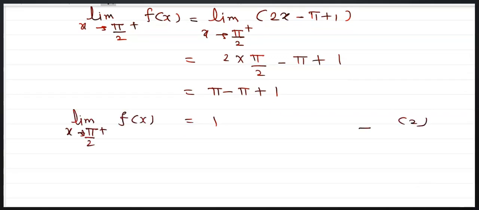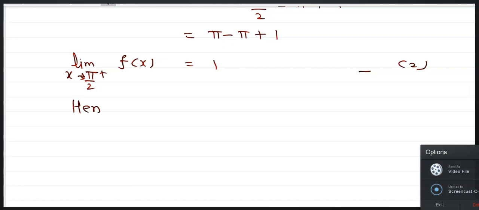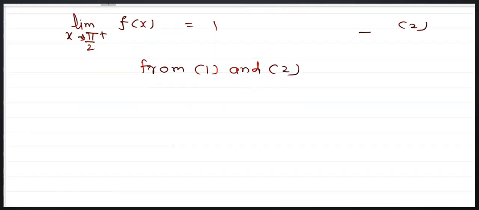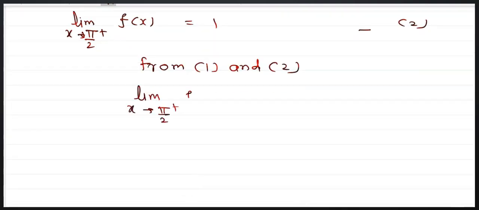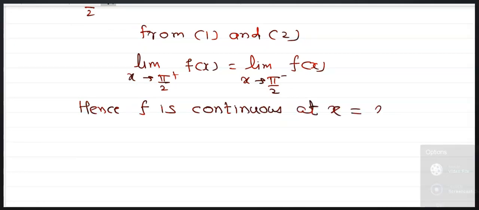That is why the limit as x tends to pi by 2 plus, the right hand side limit, is 1. From 1 and 2, both are equal, therefore f is continuous at x equal to pi by 2.